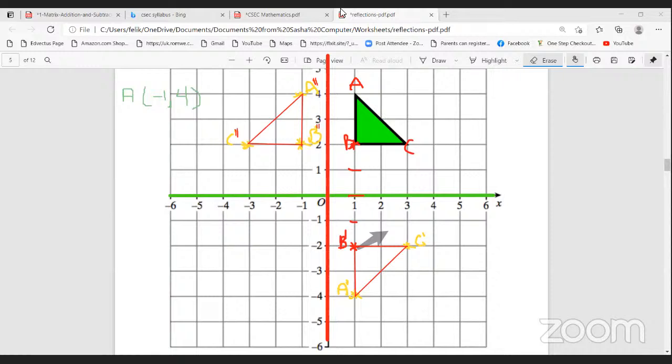Okay. Which side do we put the strokes? The left of the A to the right. Thank you, honey. Well done.